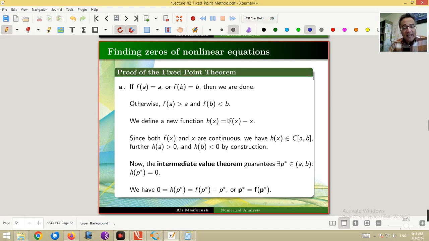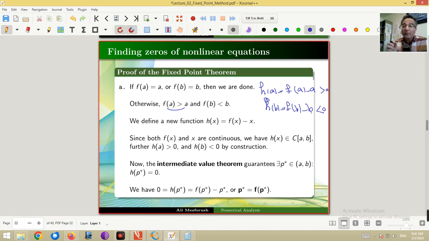And h of a, if you compute h of a, it will be f of a minus a, and here it will be positive by this equation. Okay, and if you consider h of b, it will be f of b minus b, and by this equation it will be negative. Okay, so h of a is positive, h of b is negative.